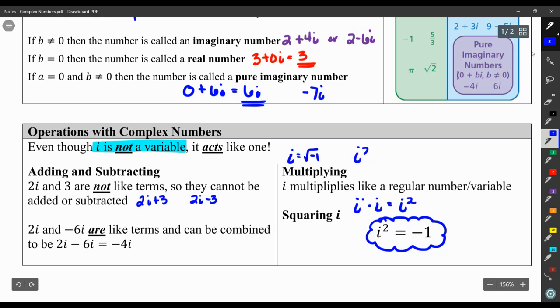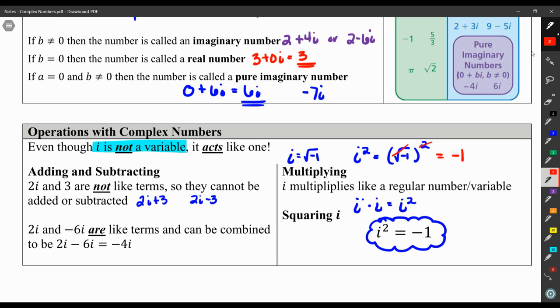So if I take i and square it, that's like taking the square root of -1 and squaring it. Square roots and squares are inverses, so this square will undo that square root, and all you're left with is what's inside the radical, which is -1. That's how this has been determined. So i squared is equal to -1. It's an important key in the next piece.